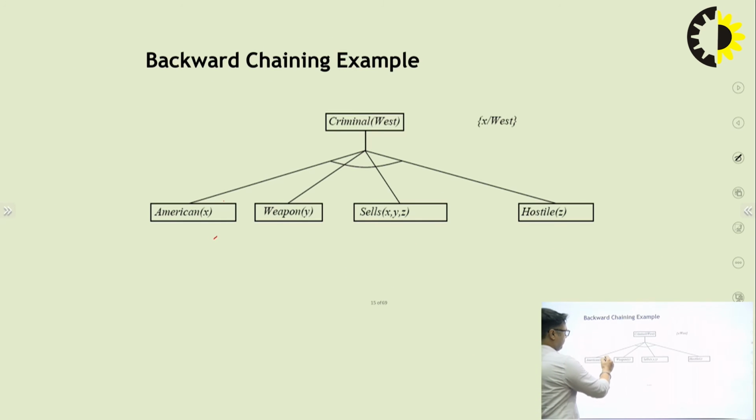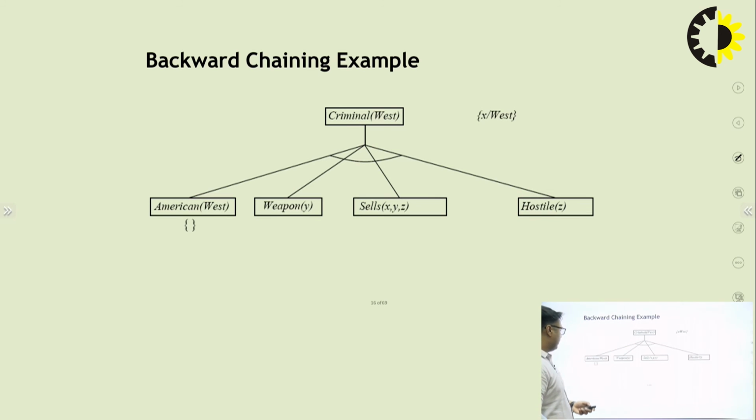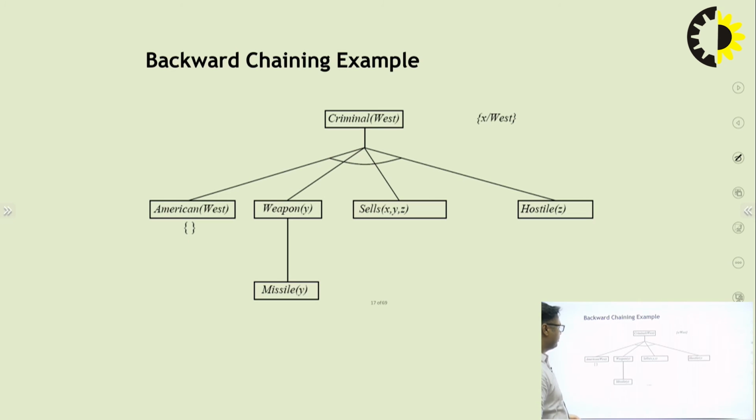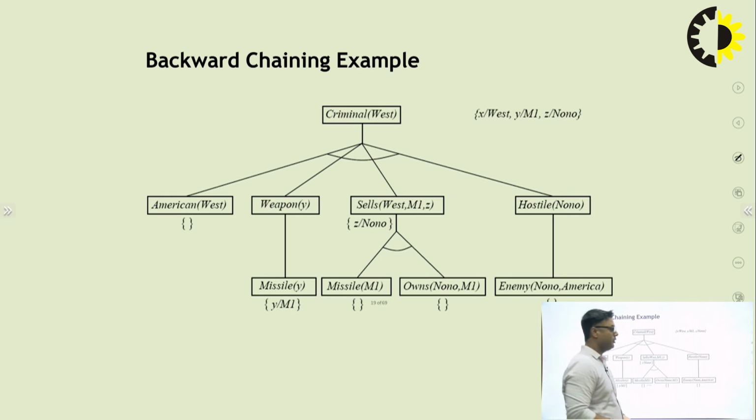This is the left statements of criminal. Then American, after which no left statement is there, so that is a true value. Then I check weapon: missiles is given on the left, and sells is in the backward direction, and hostile is part of the enemy of Nono. Finally after this no statement remains.